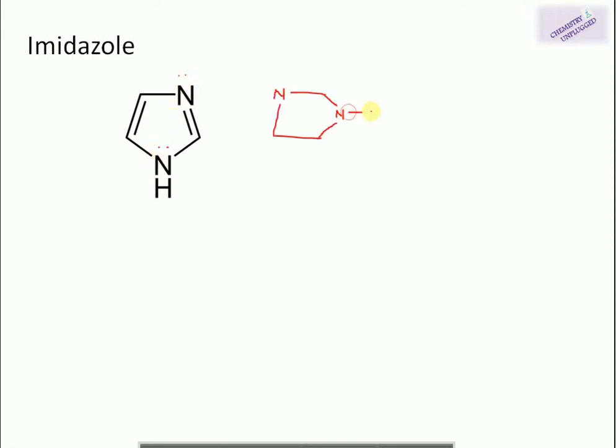The lone pair of this nitrogen is not participating in delocalization, or not interacting with the pi electron cloud of the imidazole. It is present in the plane perpendicular to the p orbitals. And this nitrogen has electrons in the plane similar to the p orbitals of carbon, so it can interact with these p orbitals. So it is a 6 pi electron system, meaning it is aromatic in nature.